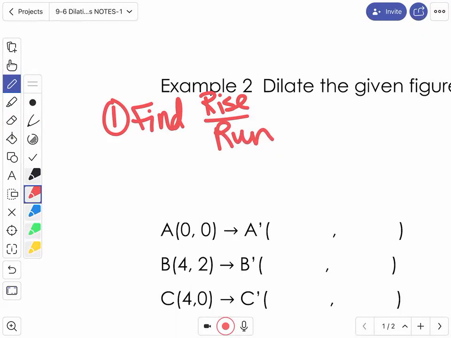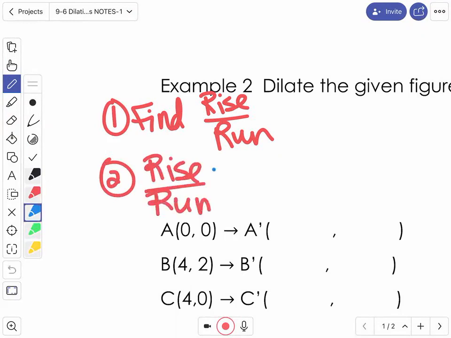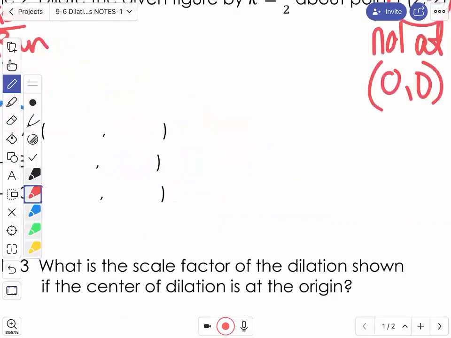Once we know what that rise over run is from your point of dilation to each coordinate, then we take that rise over run and we will multiply each one by the scale factor. And that'll give us our new position. So we are still multiplying, but we're not going straight to the coordinate. We have to go straight to the rise over run from the point of dilation.